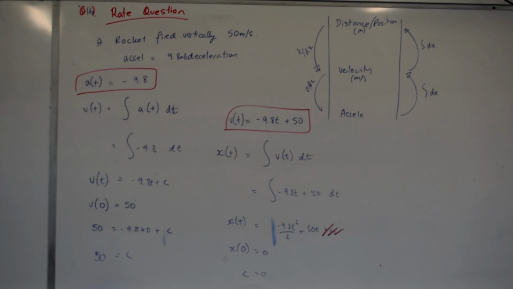So I've got 120 metres. 120 equals xt. So 120 equals negative 9.8 t squared over 2 plus 50t. I'm just going to make this negative 4.9 t squared.